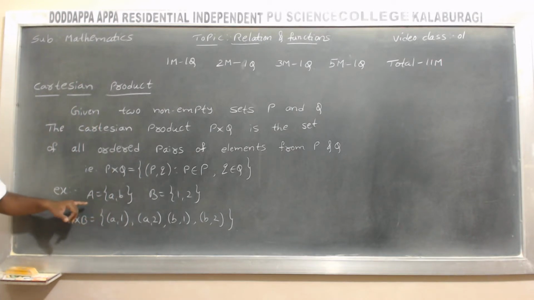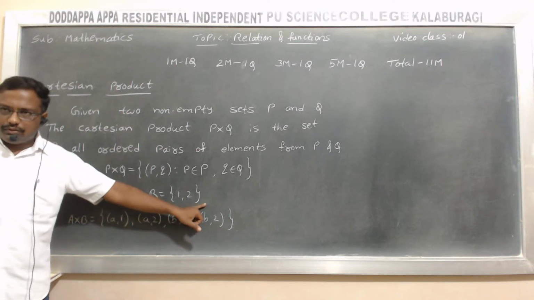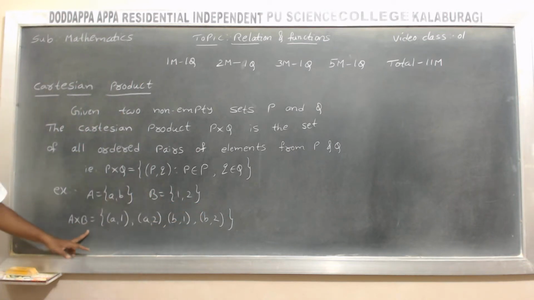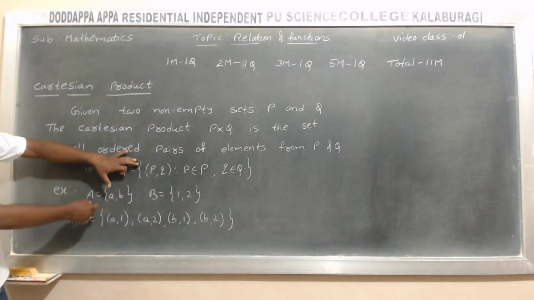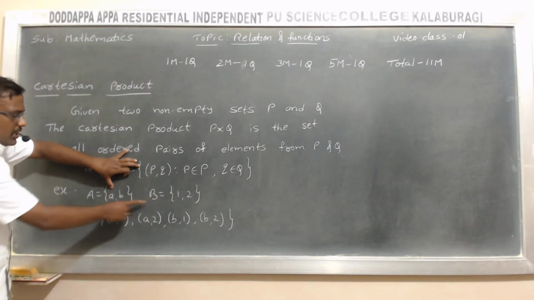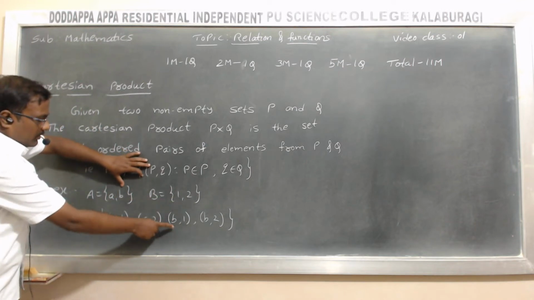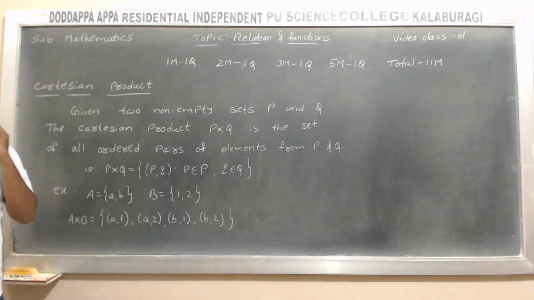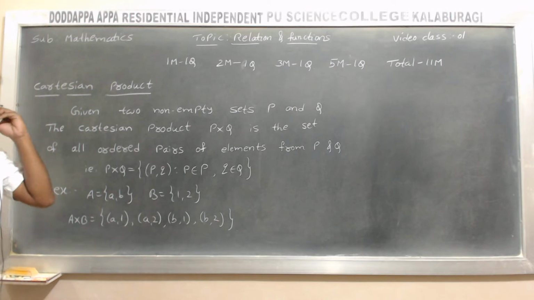For example, if A is equal to the set {a, b}, B is equal to the set {1, 2}, then A cross B is equal to the set {(a,1), (a,2), (b,1), (b,2)}. That is called Cartesian product.